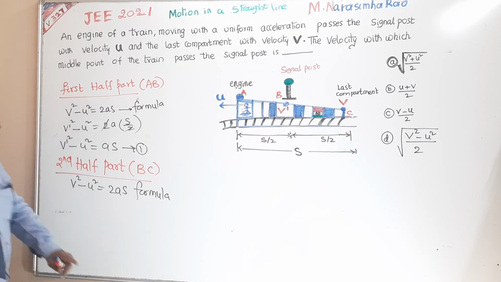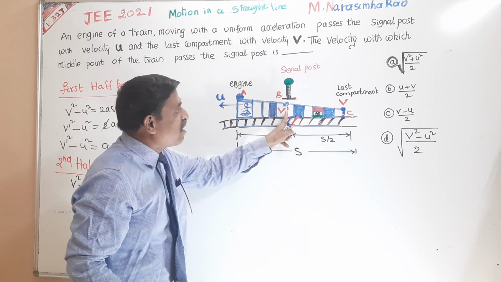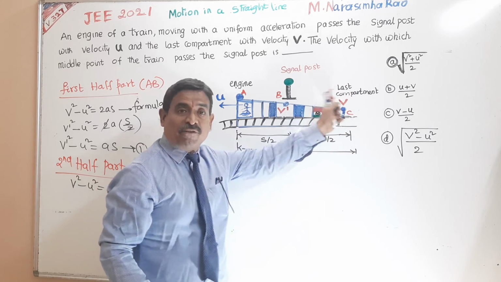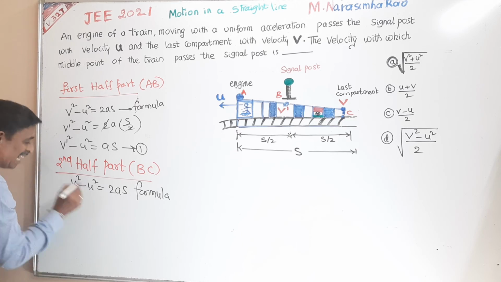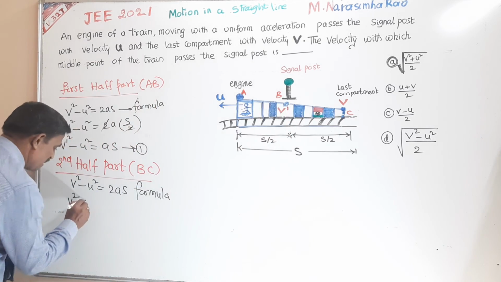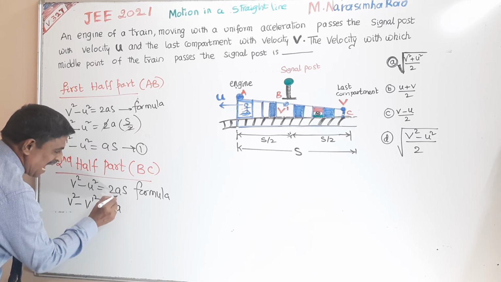V means the final velocity. I am talking about the second half. The final velocity is V, and the initial velocity is V dash. So V square minus V dash square is equal to 2 into a, the constant acceleration.